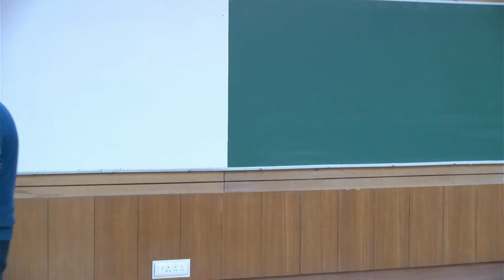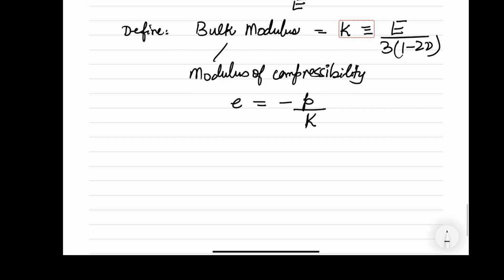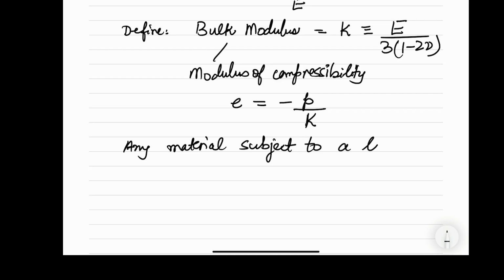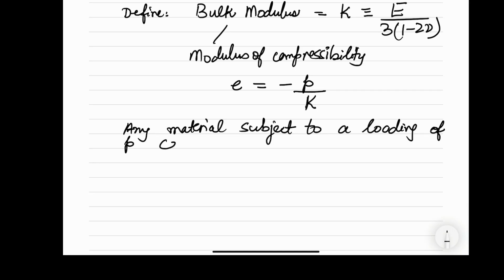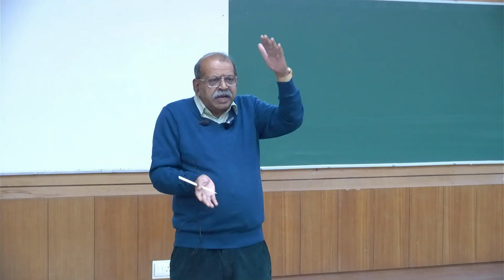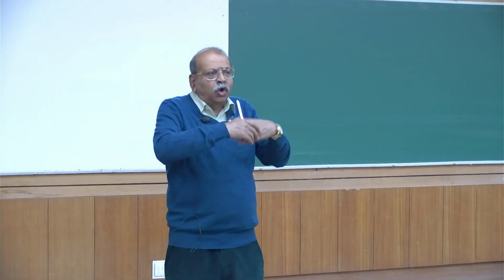But the reason we are talking of it here is that if I have a material to which I am subjecting a loading of P, then its volume can only reduce.